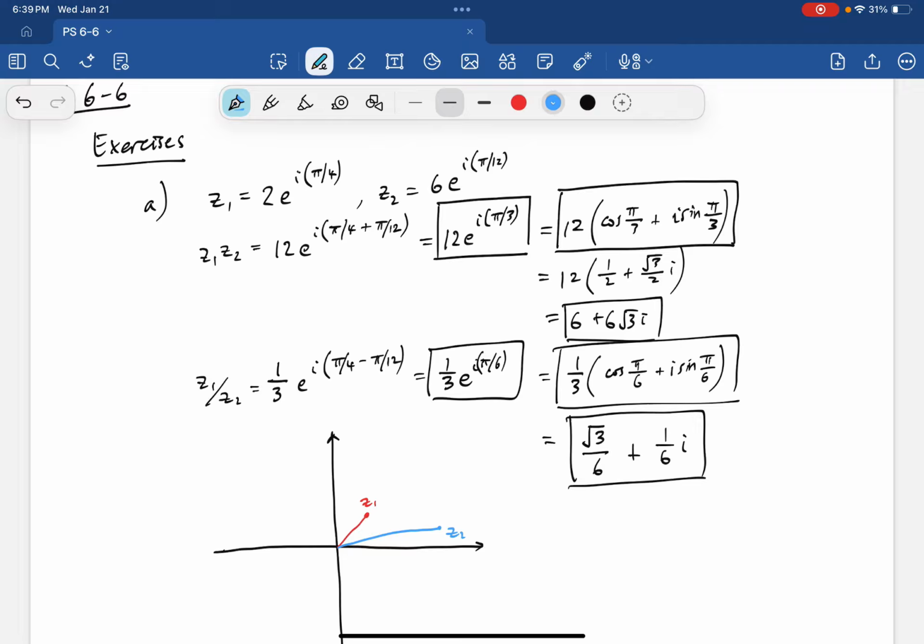Then z1 times z2 is a pi over 3 with radius 12. So we might put that up here. Then z1 divided by z2 might be like here or something. Okay, very hard to graph accurately, so maybe I shouldn't have asked you that.